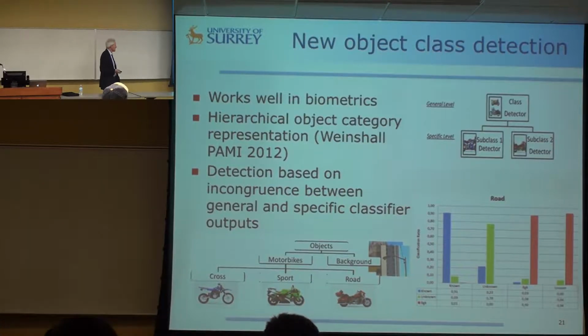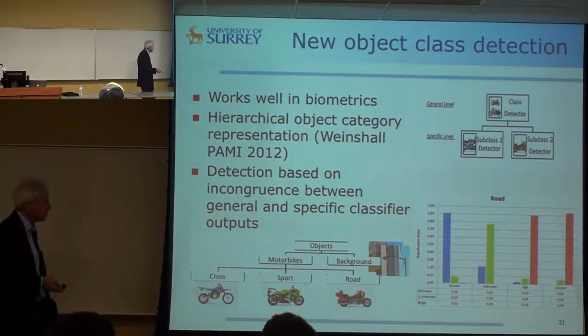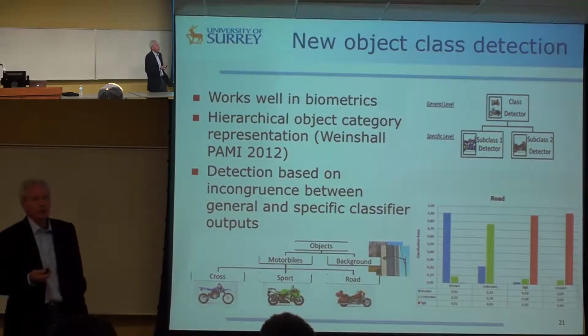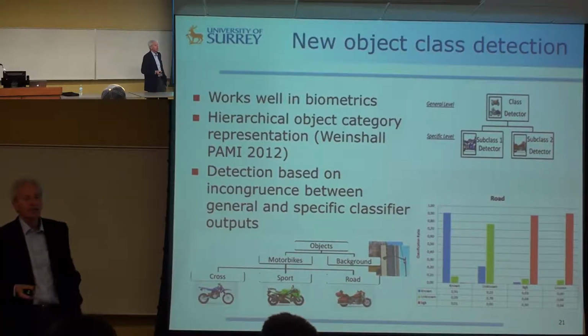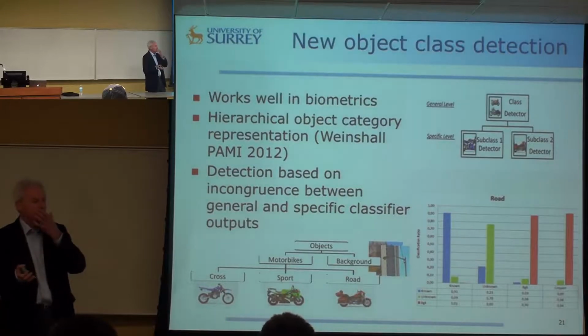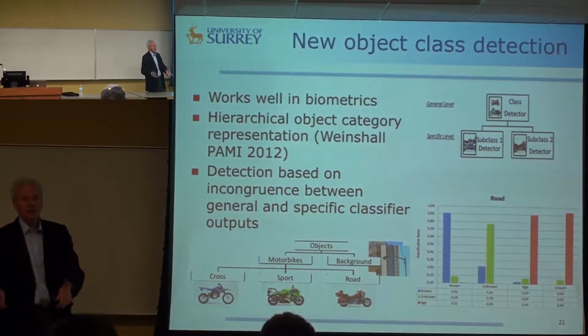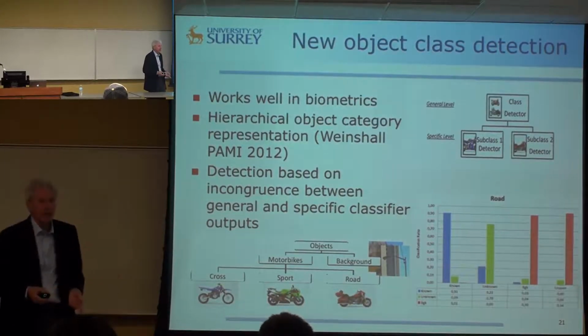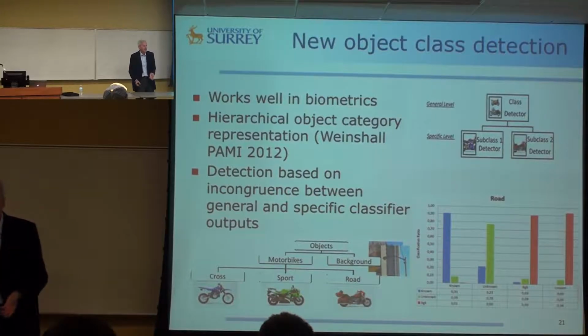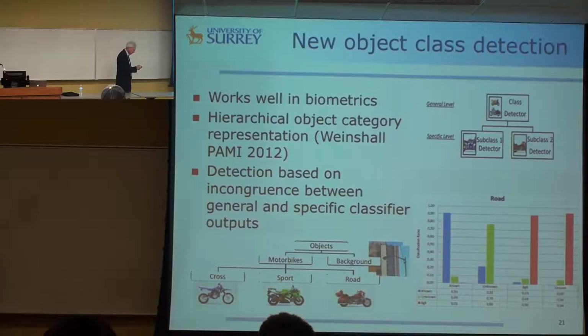And so they show that you can use this incongruence detection idea, in other words the discrepancy between the output of the generic and specific classifiers, as one example of anomaly detection, where the anomaly is basically a novel object.